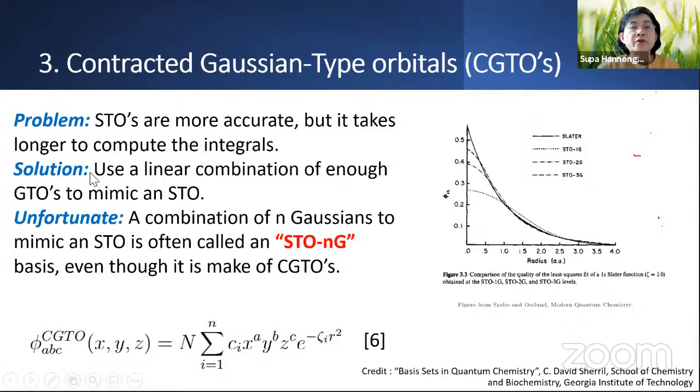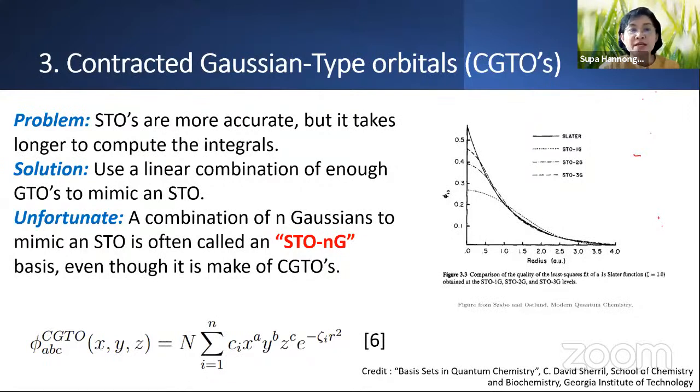And the solution for this is that we need to use a linear combination of enough GTOs to mimic an STO. That means we can use small things combined together in order to represent the big one, or the real one.